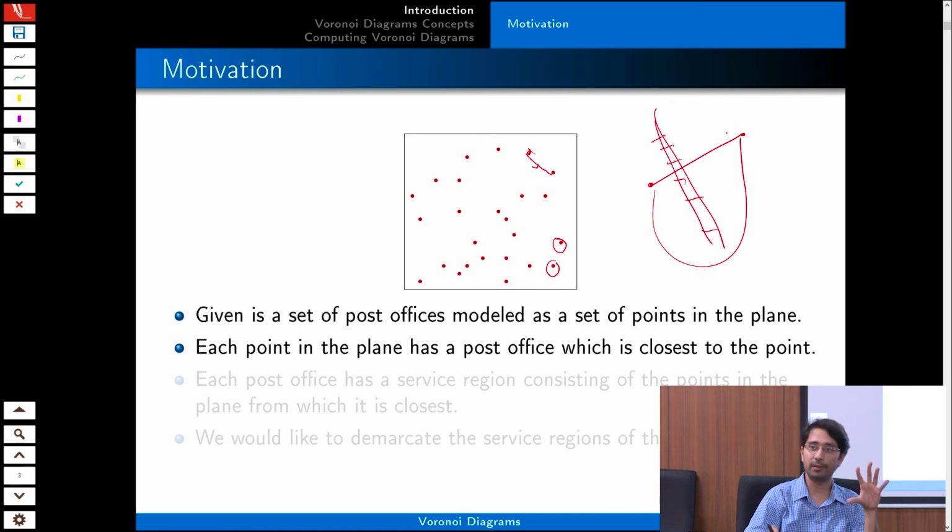So I want a subdivision of the plane so that for every site point, the points which are closer to this site point than to any other site point belong to that subdivision.